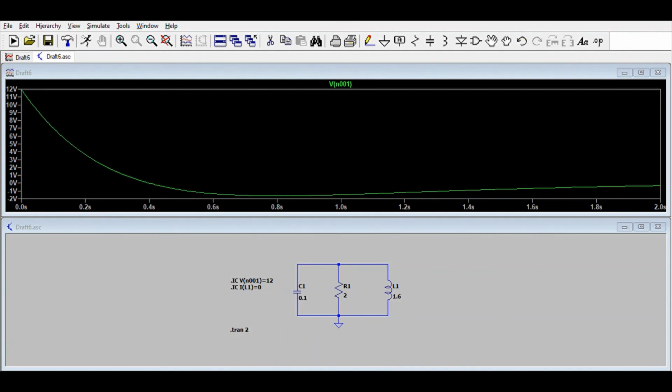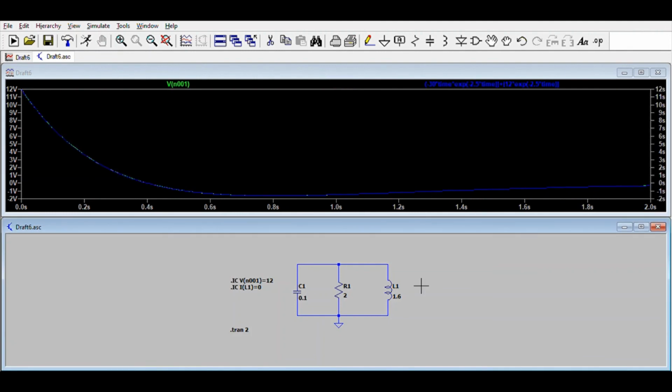Alright, so you're going to do minus 30 times time times EXP of minus 2.5 times time. All of that plus 12 times EXP of minus 2.5 times time. And bam, it is the exact same curve. So that means we evaluated this equation correctly.